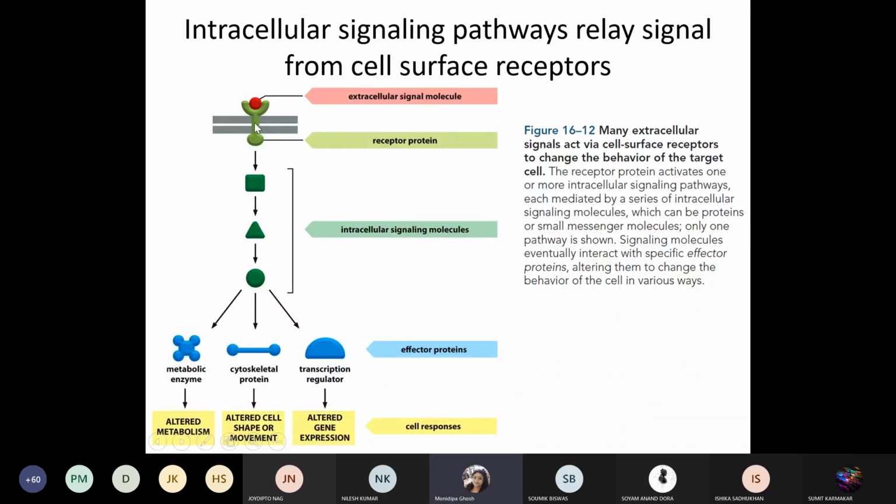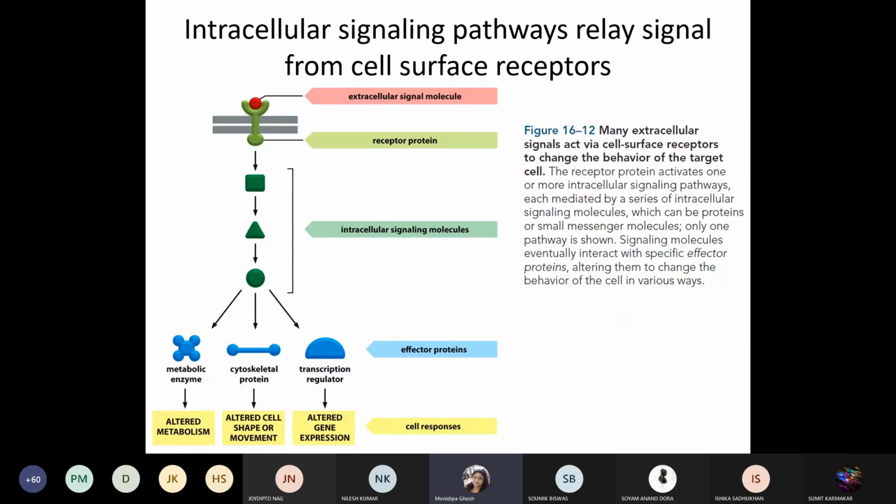Inside the cell there are several intracellular signaling molecules, and whenever these touch any signaling cascade initiating molecules, they change morphologically, and the altered structure gives them altered function.